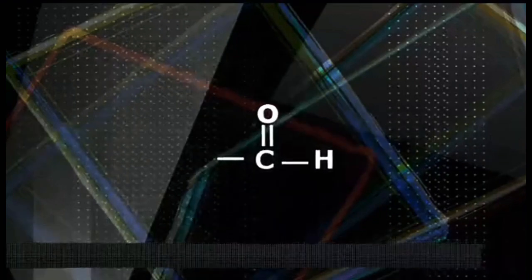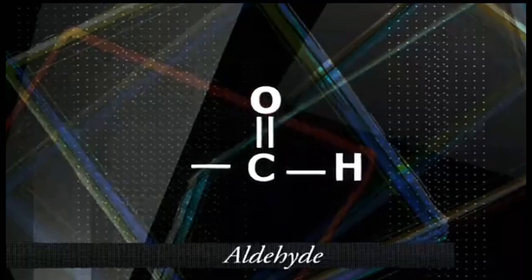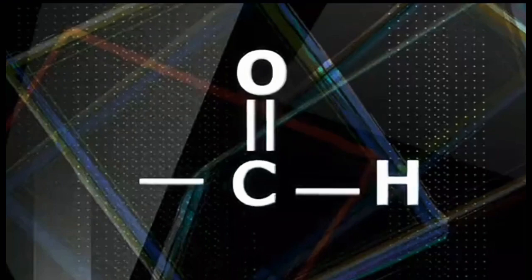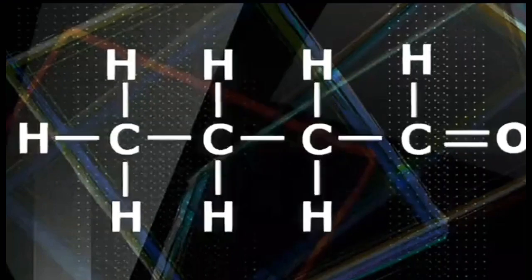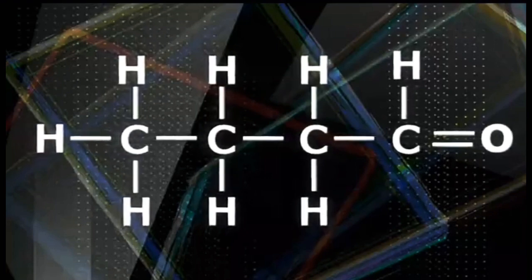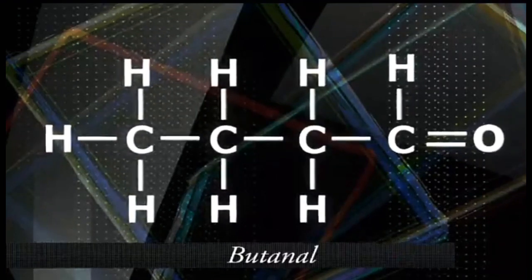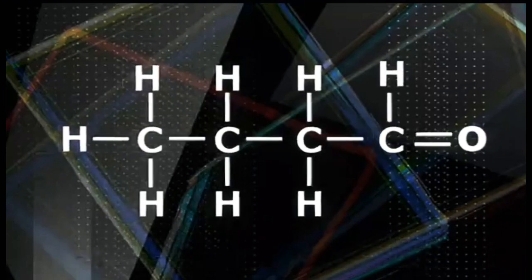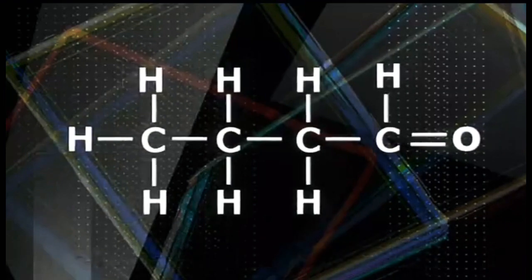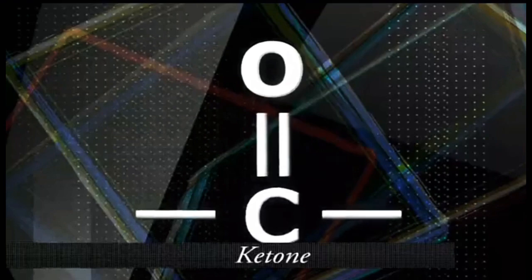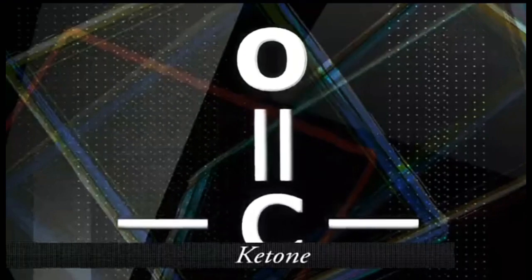This is an example of an aldehyde group. The addition of the CHO functional group to a parent hydrocarbon makes it an aldehyde. Here, butanal is given as an example where the terminal carbon atom is attached to a hydrogen and one oxygen atom. Ketone is another important functional group represented as follows.